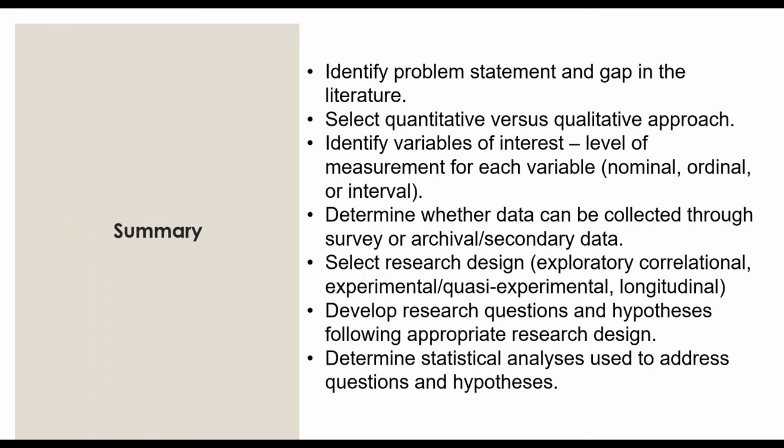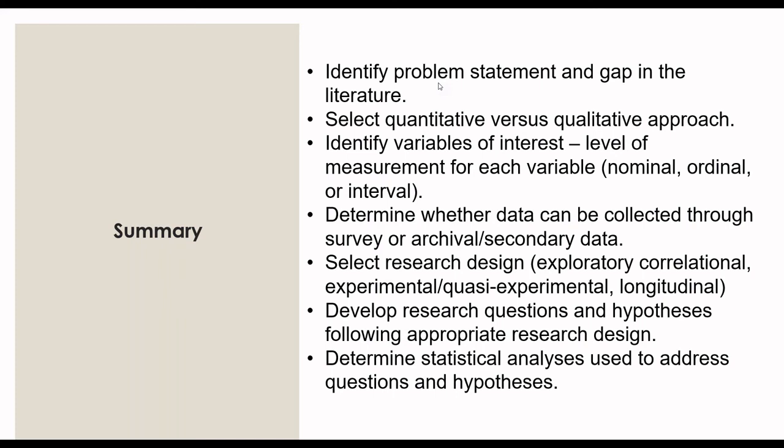Okay, so that pretty much covers the 4 designs and the different types of research questions and analyses. So just as a summary, I know a few people did join a little bit late. So what I covered at the beginning is that you need to identify your problem statement and gap in the literature first. That needs to be the primary goal before even thinking about variables and research questions.